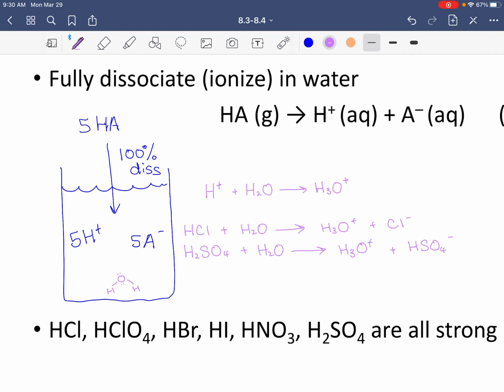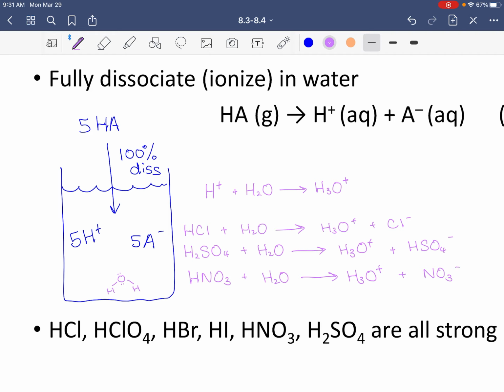Later on we'll talk about whether this will continue to dissociate to give you another H3O plus and SO4 2 minus. That's called polyprotic, and we will talk about that way later. Let's do one more, nitric acid, HNO3. If you react this with water, you'll get H3O plus and of course NO3 minus, nitrate ion.